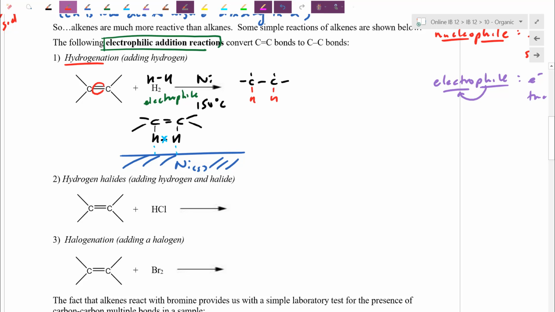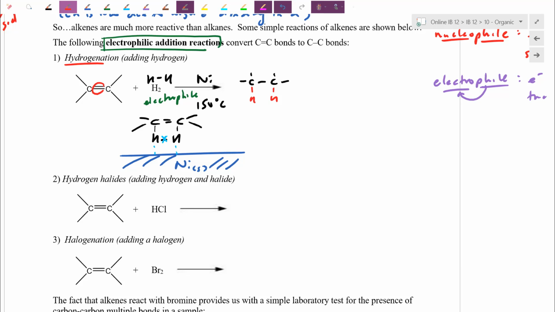So I have hydrogenated this thing. We've converted a double bond to a single bond. By adding this hydrogen, the molecule becomes more saturated. We're going to go over the mechanism on the next page, but that's what ends up happening. You end up adding the hydrogen.